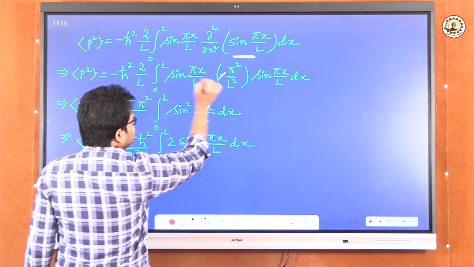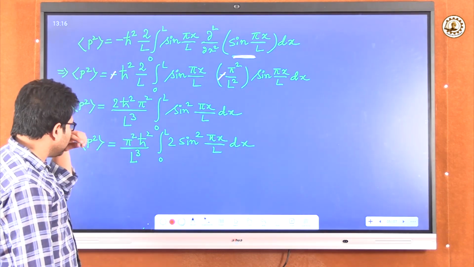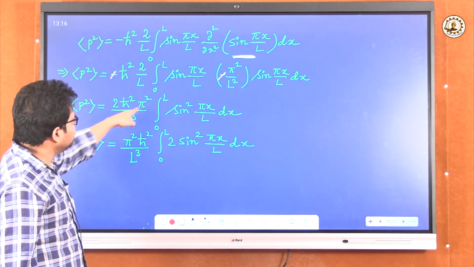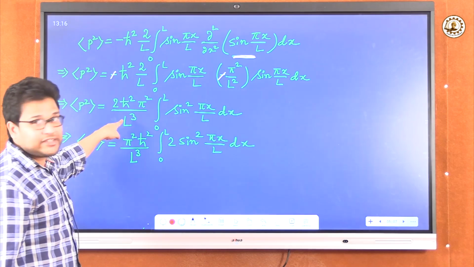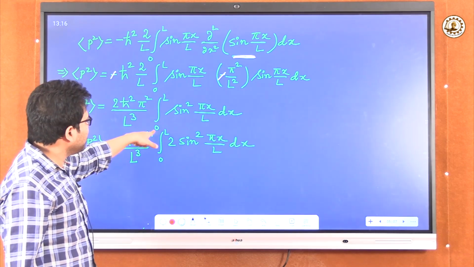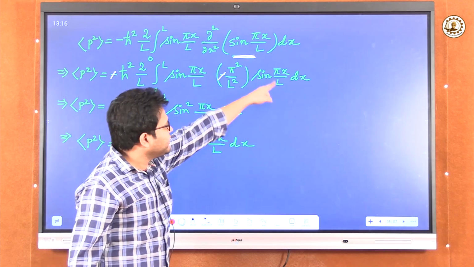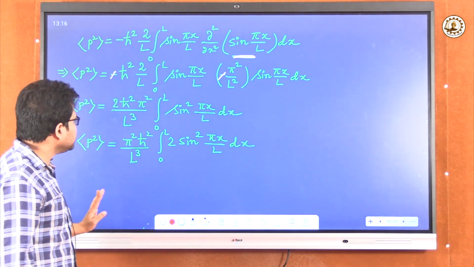So these two minus signs cancel out, and as a result we have 2 h star square pi square by L cube. You can see that this L and L square, if you multiply, results in L cube. Integral from 0 to L sin pi x by L into sin pi x by L, that becomes sin square pi x by L dx.